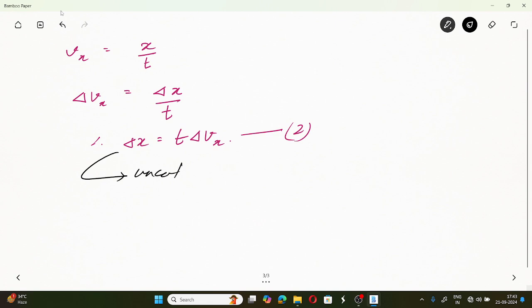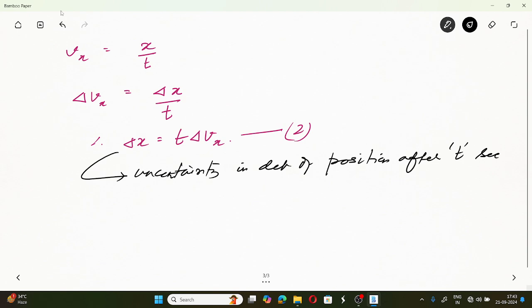This is the uncertainty in determination of position of the microscopic particle, of the proton here, after t seconds, isn't it? So we have related this with the uncertainty in the determination of velocity.